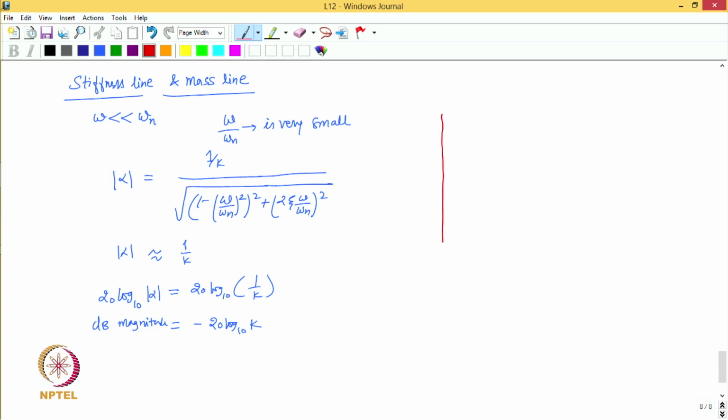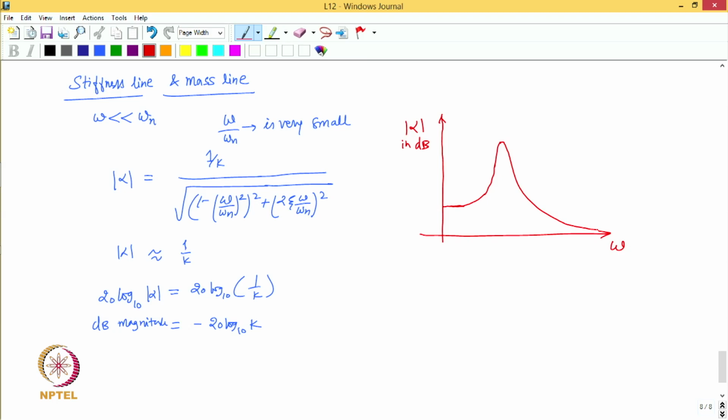We have the FRF magnitude in dB. This plot is going to look like this, the FRF magnitude plot.